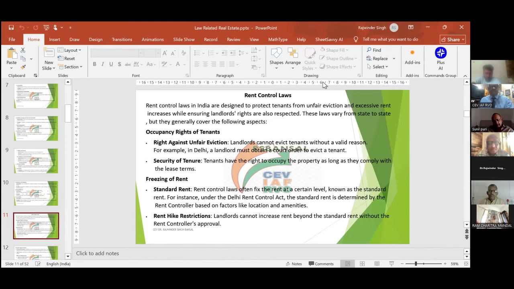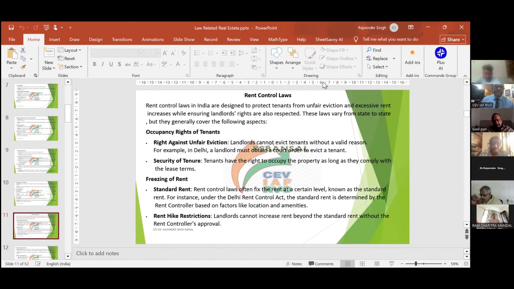So it ensures that landlords do not enhance the rent arbitrarily. So this is a state subject. This act varies from state to state. Every state has its own rent control act.